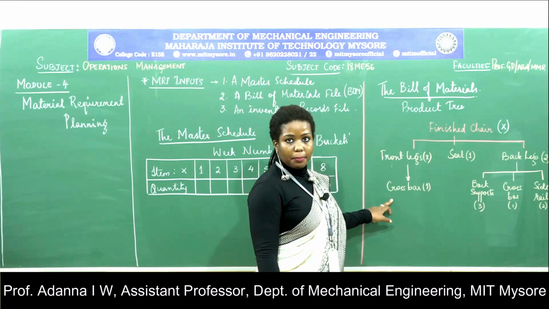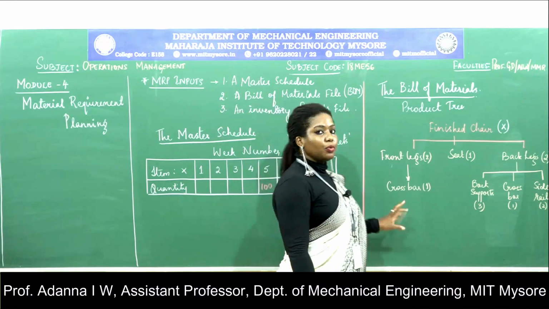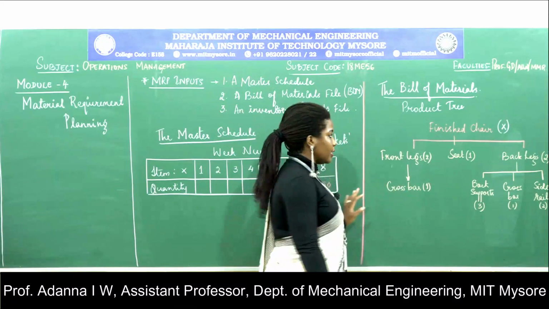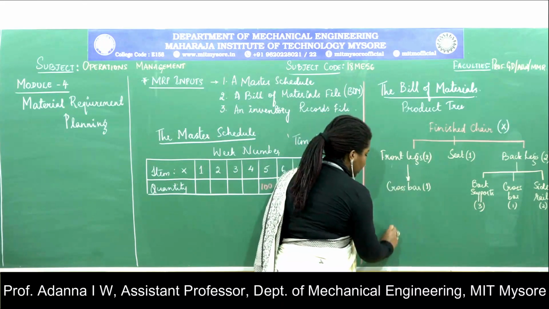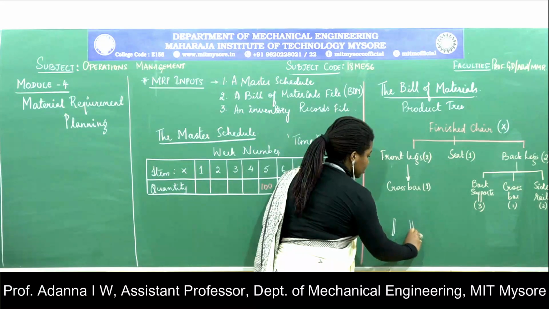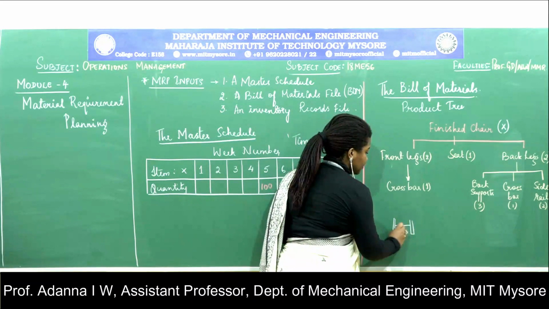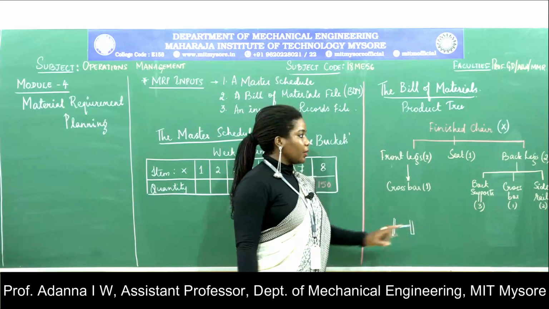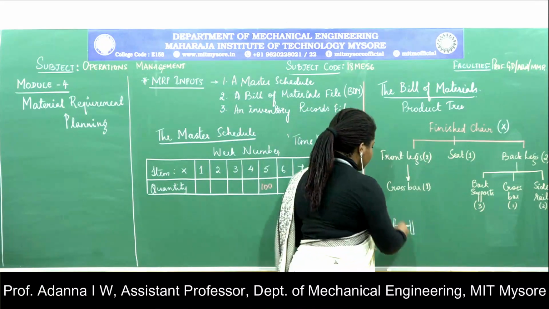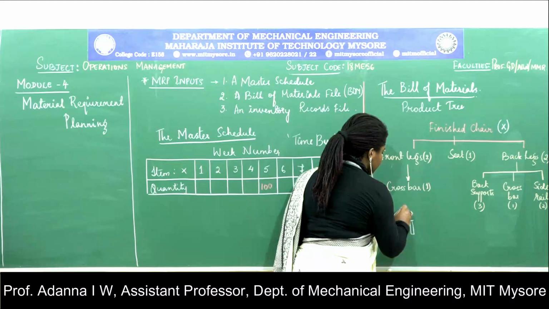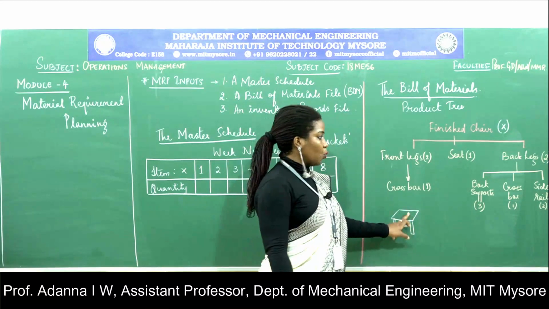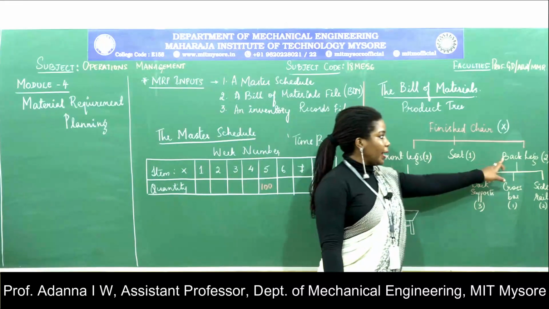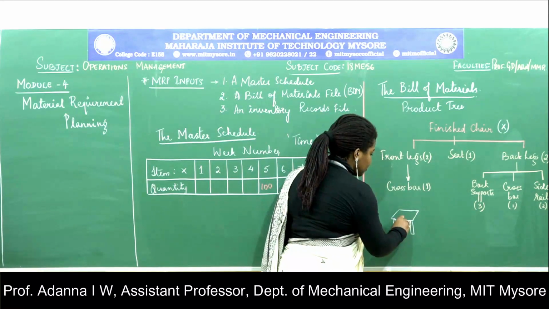So if I try to imagine exactly what this tree is telling me, I have a finished chair and I am going to have 2 front legs joined by 1 crossbar, 1 seat and 2 back legs.